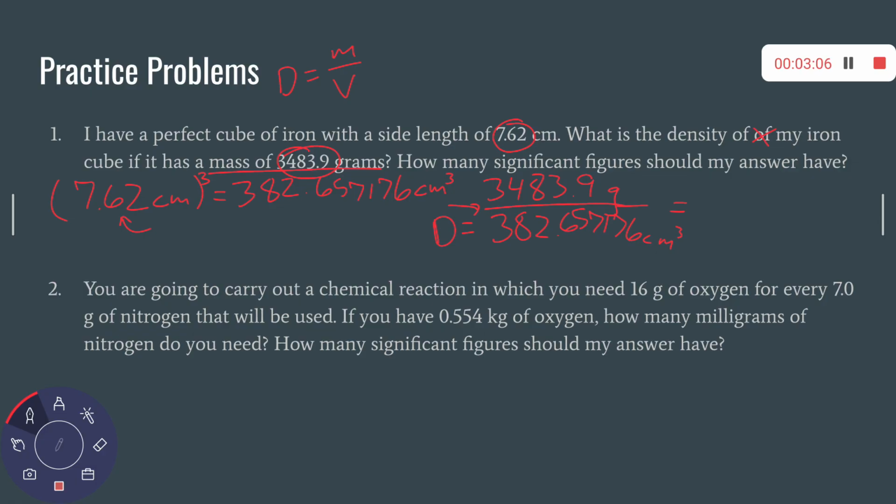If I look, 3,483.9 has 5 significant figures, but 7.62 only has 3 significant figures, which means my final answer, I have to round to 3 significant figures. So once I go back to my density and I see what I have in my calculator, I should round my answer to 9.10 grams per centimeter cubed.